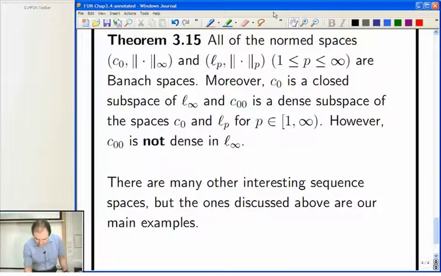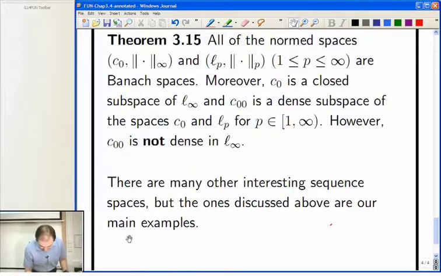Let me start by saying we already know that C0 is a subset of L infinity, and we've already seen an example of a sequence that's in little L infinity and not in C0. This is not surprising. There are rather a lot of them. Indeed, the sequence 1, 1, 1, 1 is another sequence in L infinity that's not in C0, because anything that's bounded but doesn't converge to 0 will do.